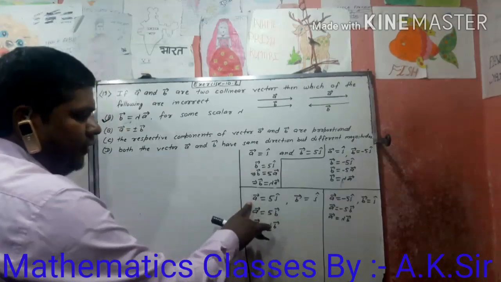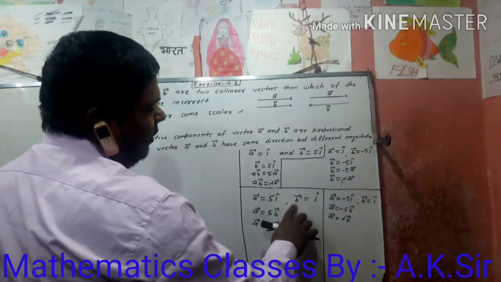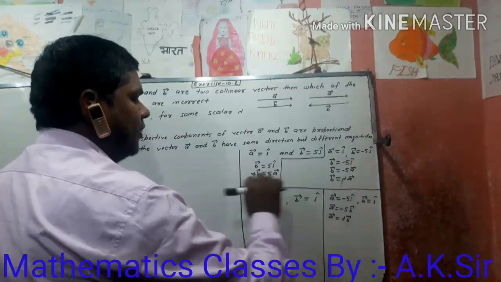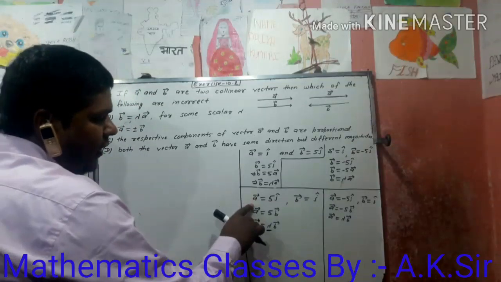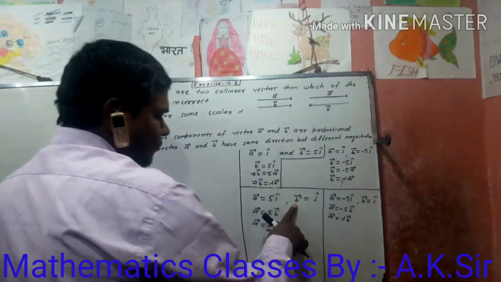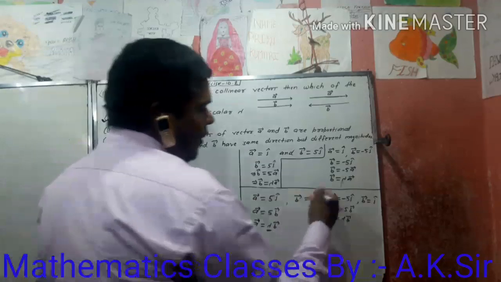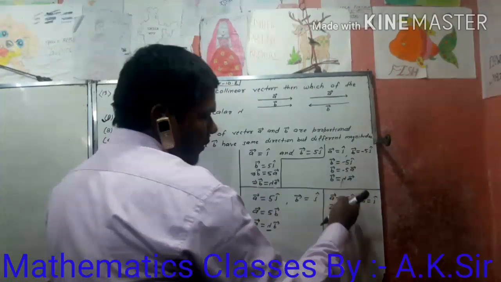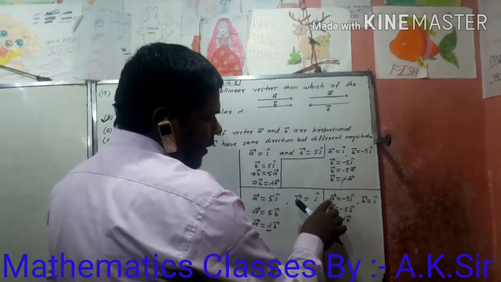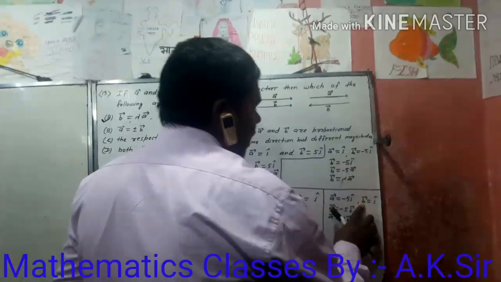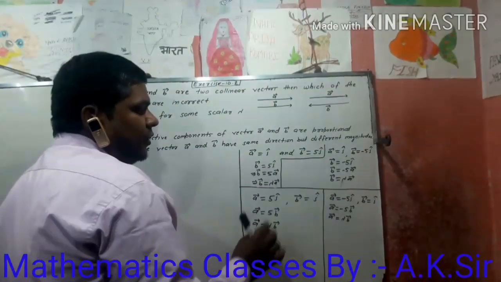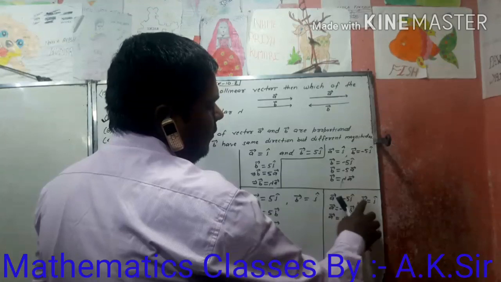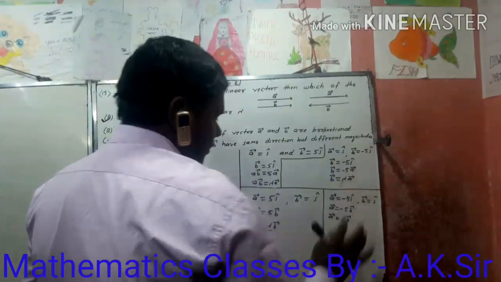In the given example, A vector and B vector are parallel to each other, so A vector and B vector are collinear. In this other example, we see A vector and B vector are parallel to each other, so A vector and B vector are collinear vectors.